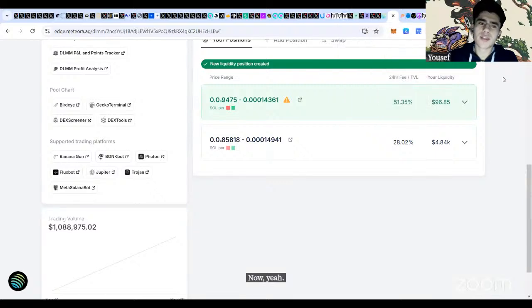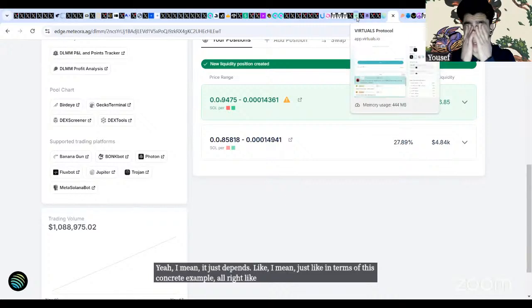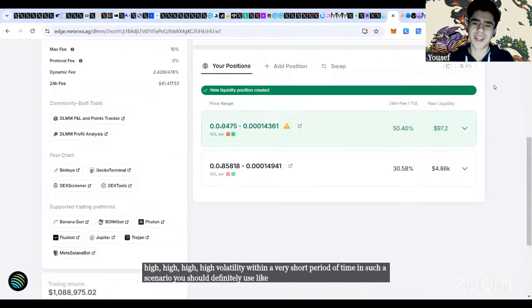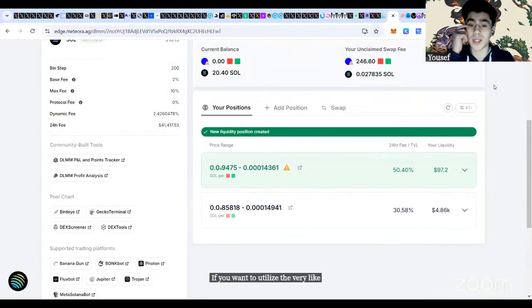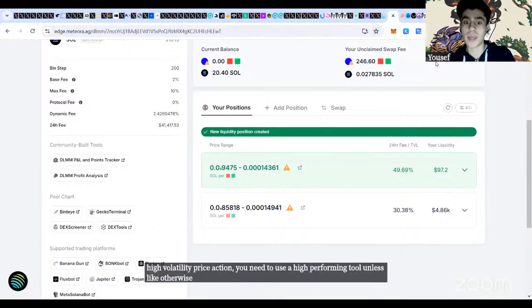In terms of this concrete example, we're talking about a low market cap coin and high volatility within a very short period of time. In such a scenario, if you want to utilize the very high volatility price action, you need to use a high performing tool, otherwise you won't be able to make profits on it.